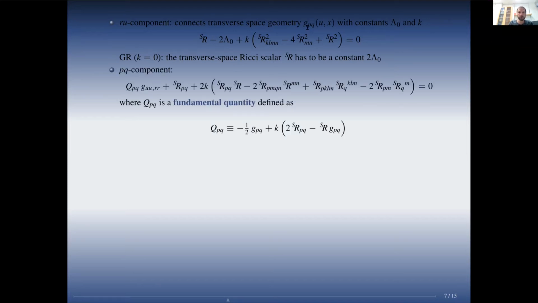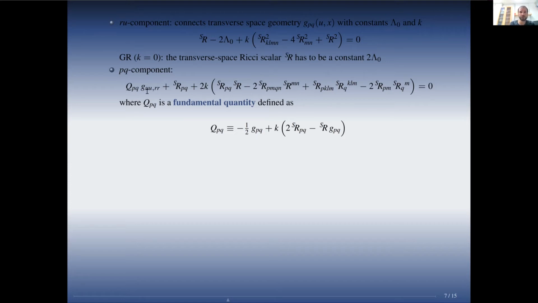We can continue with the pq component or components of the field equations. And again, this is the fully explicit form for our metric ansatz. And we can see that there are curvature terms constructed from the transverse space metric.